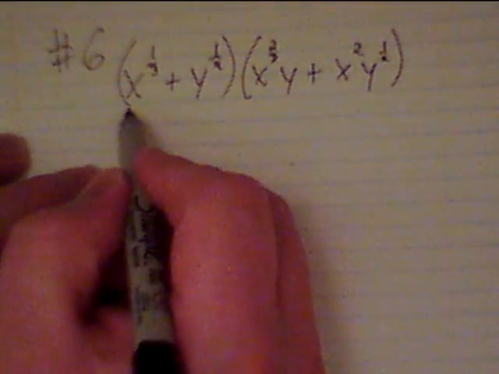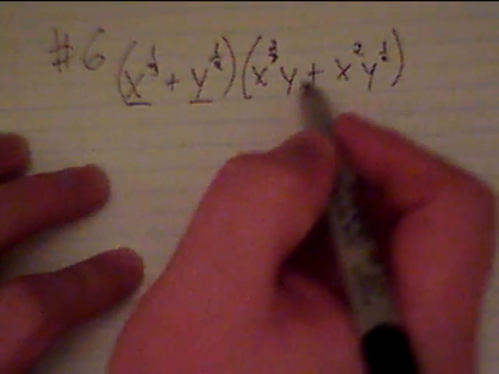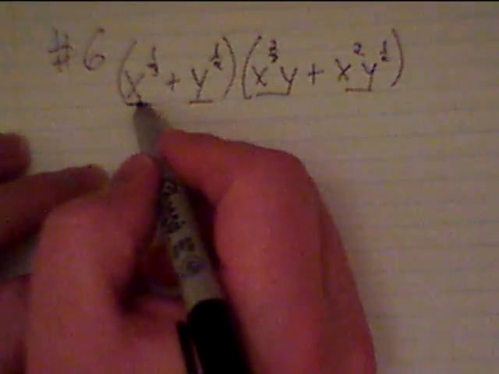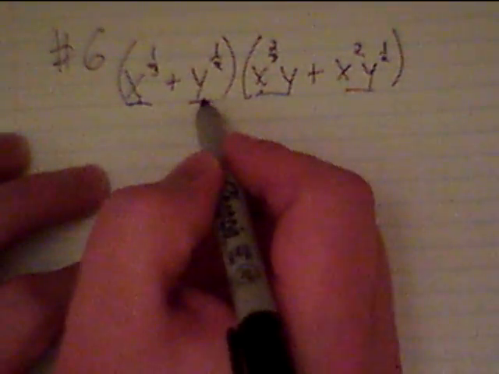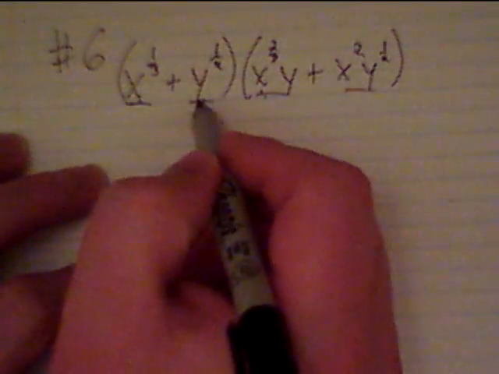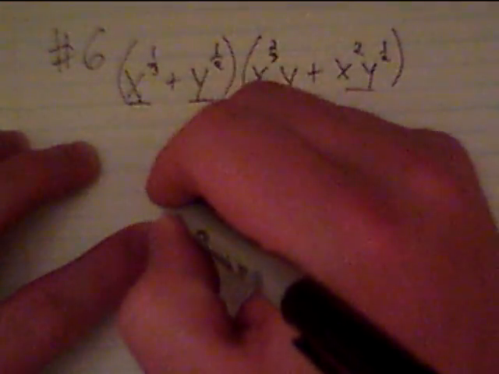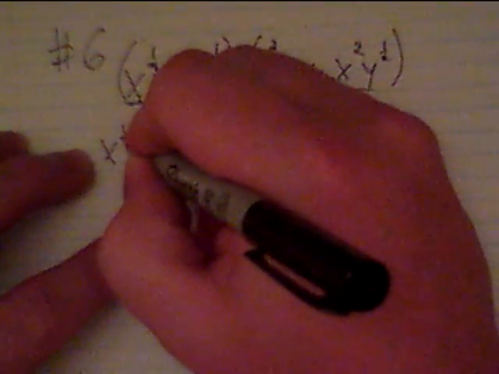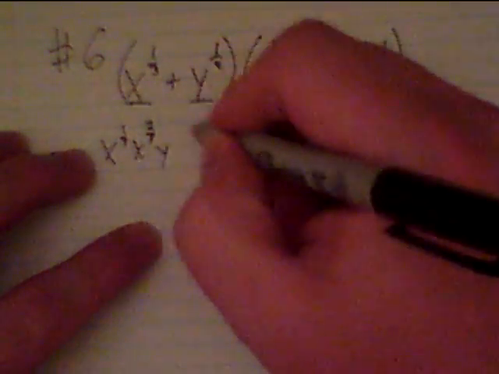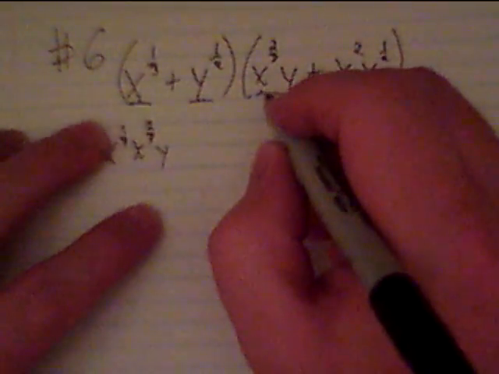Same idea. First, here are our terms here. First, outer, inner, and last. Okay, so we're going to have x to the 1/3 times x to the 2/3 times y. That's our first set of terms.